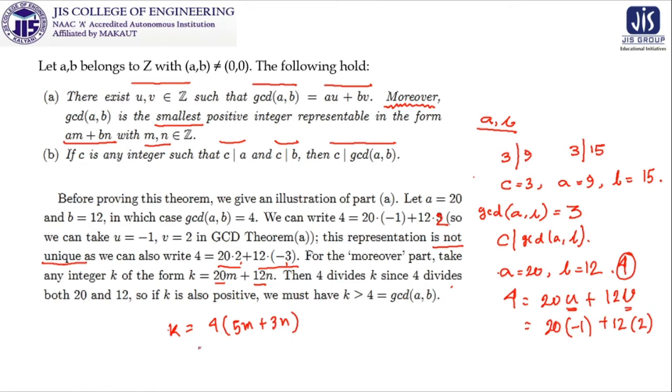So as k is of the form 4p, that means 4 divides k, so k is divisible by 4. If k is also positive and k is written as 4 into p, then obviously k will be at least 4. That implies 4, which is the GCD over here, is the smallest positive integer which can be represented in the form am plus bn. I think now it is clear.